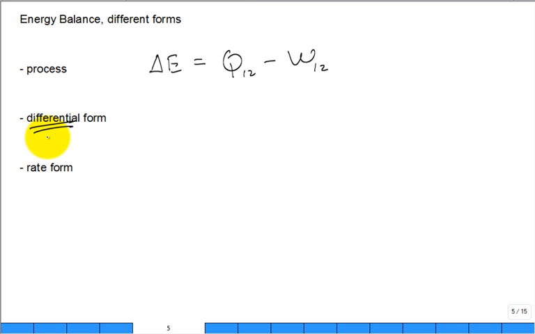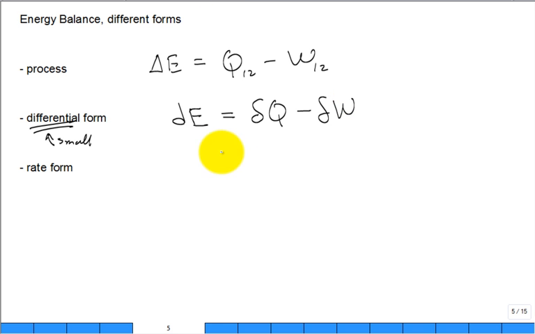A very, very small change. So small, we don't use delta. What do we use? A little delta, little d. That's a differential change. And then we have a little heat transfer, delta Q, and a little work transfer.